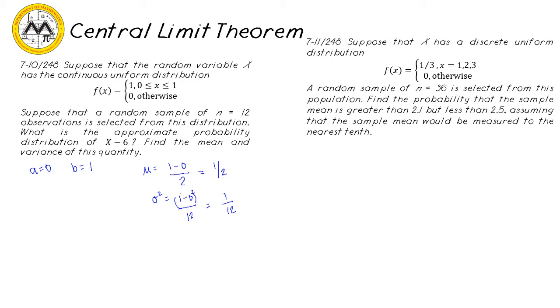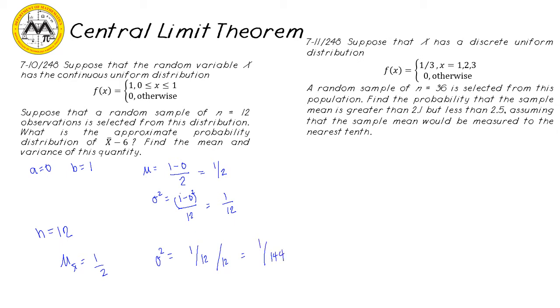If we consider n equal to 12, the mean of x bar is still 1/2, but the variance now would be 1 over 12 over 12, so that is 1 over 144.